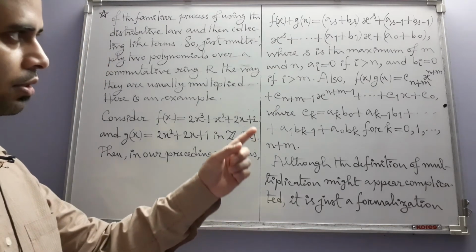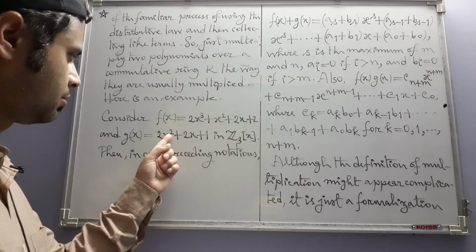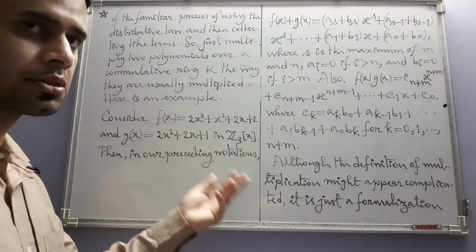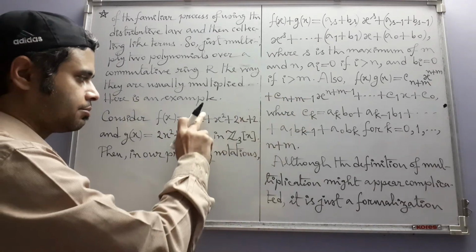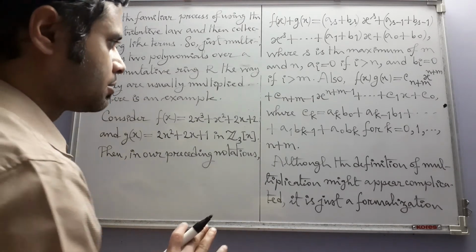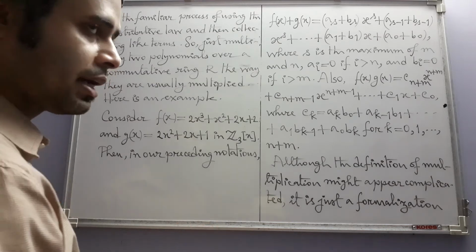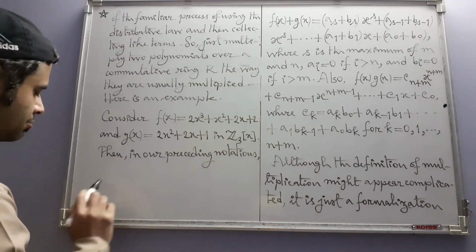However, from the definition we see that the highest exponent that will appear in the product is n plus m, 3 plus 2 is 5. So we will need terms a5 and b5. So let's just accordingly write what those coefficients are.